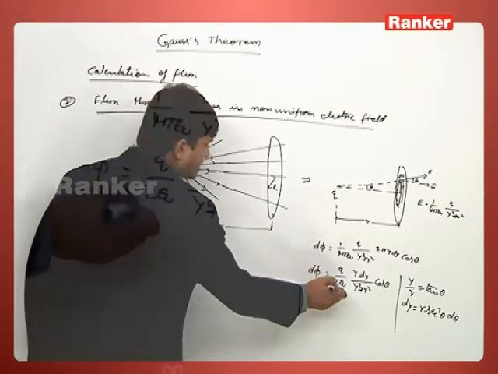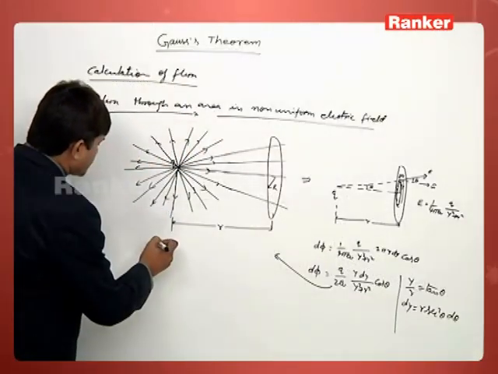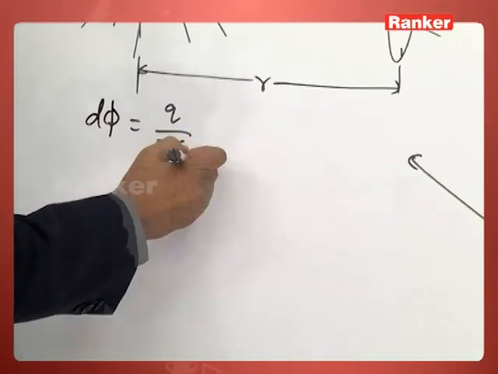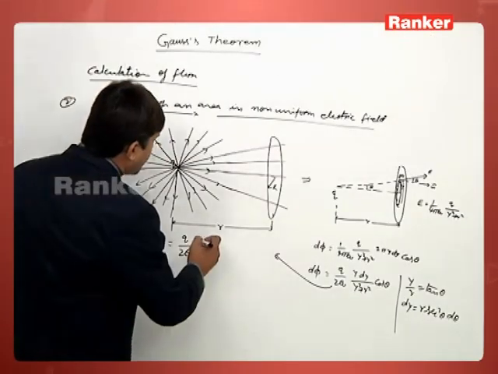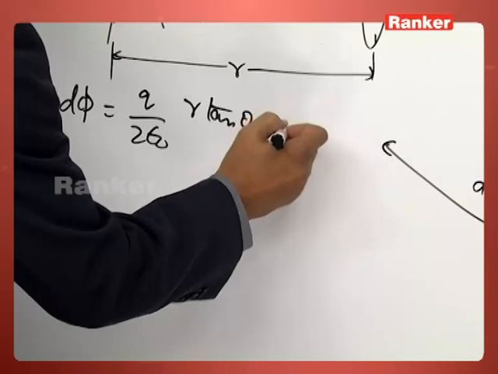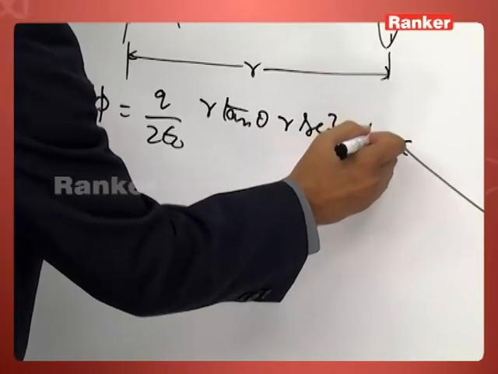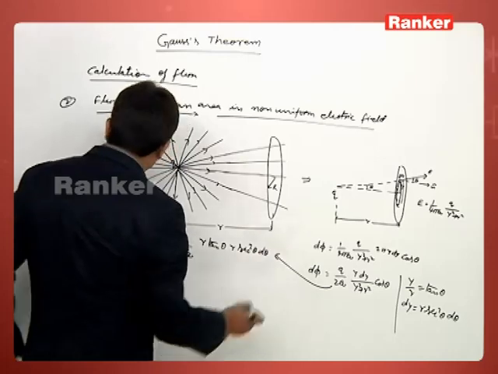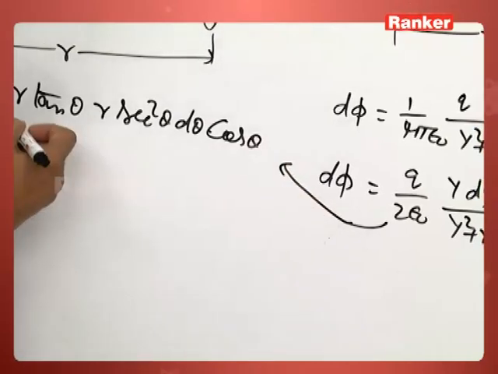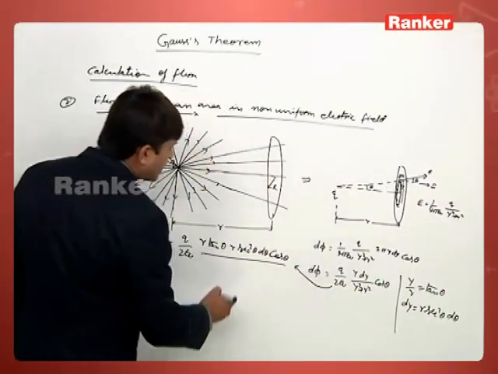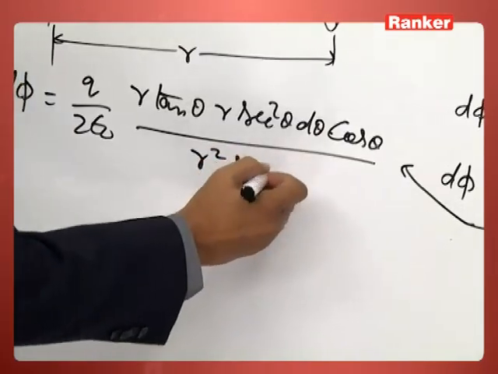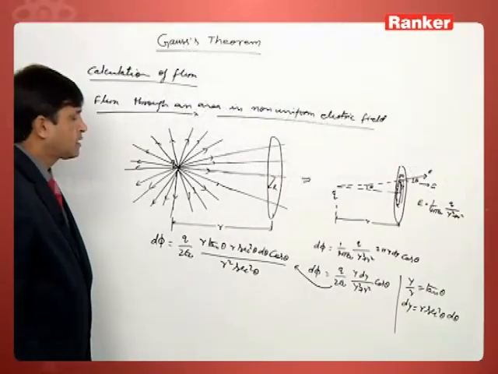Further we can write d phi is equal to q by 2 epsilon naught, y dy. Y is r tan theta, dy is r sec square theta d theta, into cos theta by y square plus r square. Substitute the value of y, so r square sec square theta, this value came.